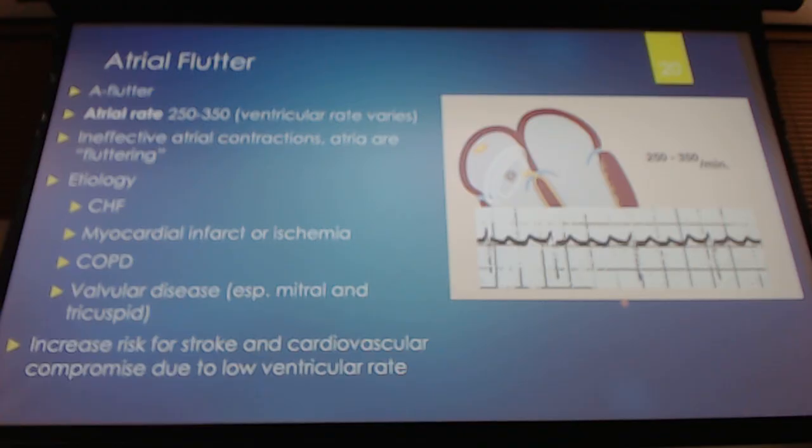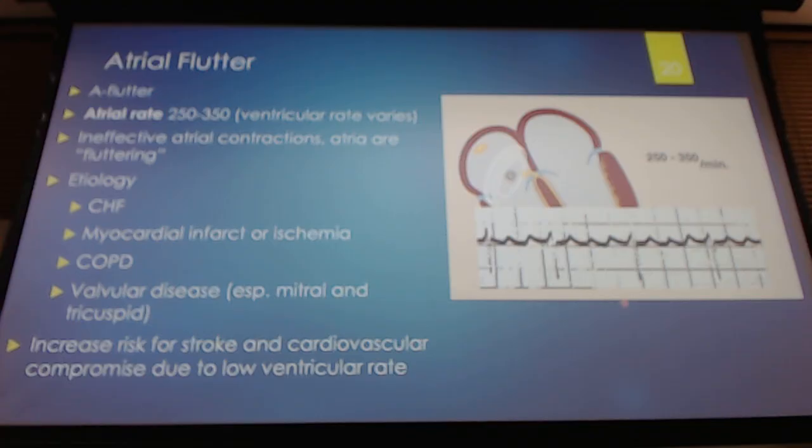Again, the AV node is doing its job. The AV node has a longer refractory period to allow the difference between the atria contracting and the ventricles contracting. So the AV node is blocking the majority of those atrial depolarizations that are coming through. It's only allowing so many to come through. Sometimes, when we have a non-variable block, it's allowing so many to come through at a regular rate.